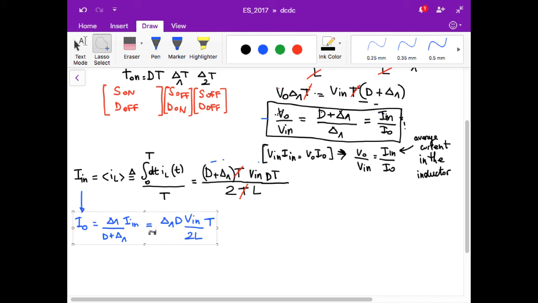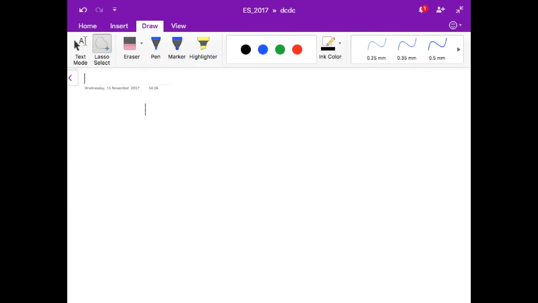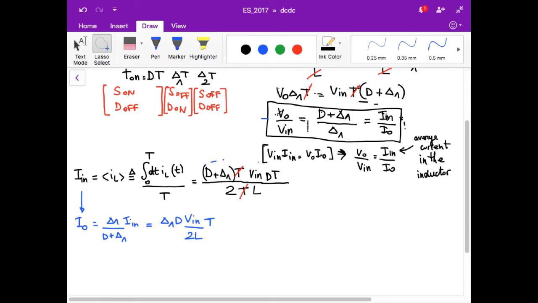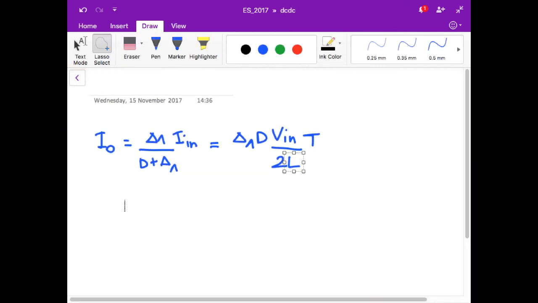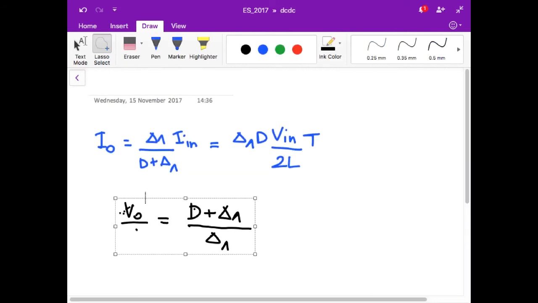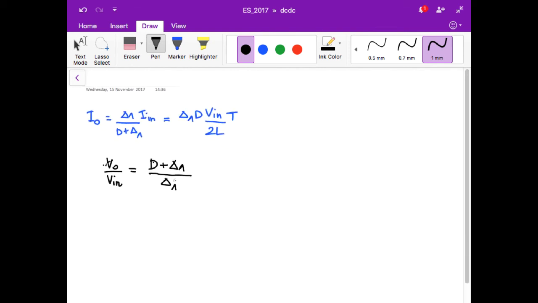To polish a little bit the things here. One. And the other one that I want to copy is this one. Okay.